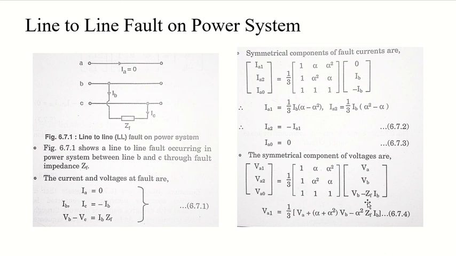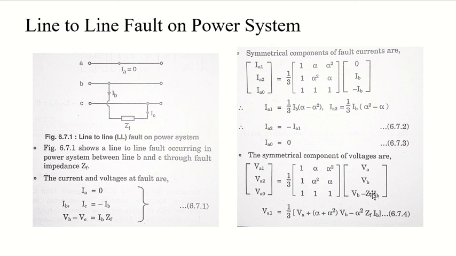Here you go. Now derive the formula for VA1, VA2 and VA0. 1 into VA plus alpha into VB plus alpha square into this term. Same way you can derive for VA2, 1 into VA plus alpha square into VB plus alpha into this term. And same way you can derive for VA0 as well.